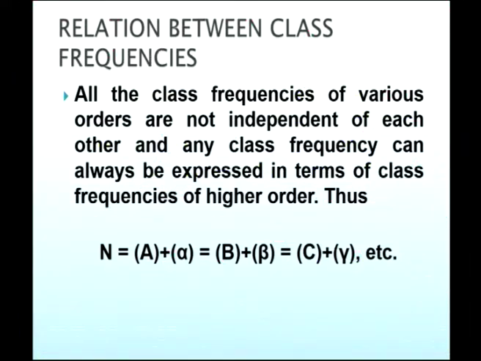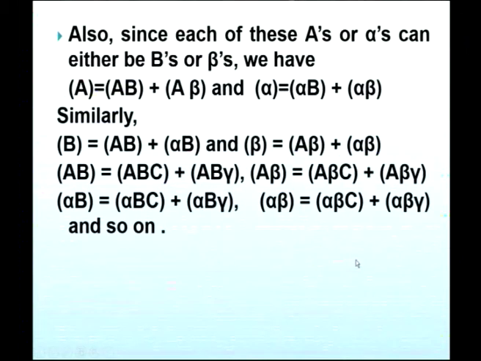So, class frequency A and then class frequency alpha together represent N. Similarly, with respect to attribute B, class frequency B and then its contrary beta. Similarly, with respect to C, C plus gamma, etc. Also, since each of the alphas or A's can be either B's or betas, we have A is equal to AB. This kind of relation is very important. We are going to use it for future work.